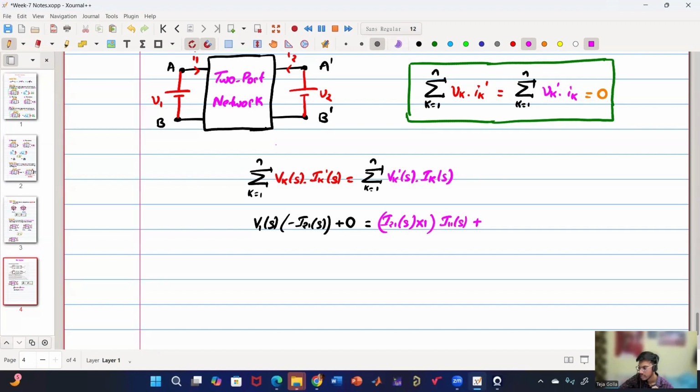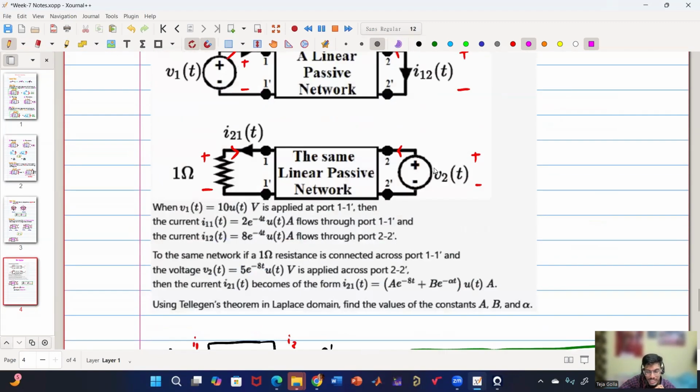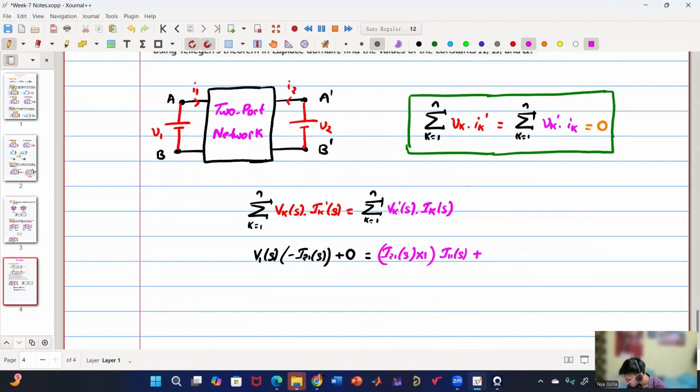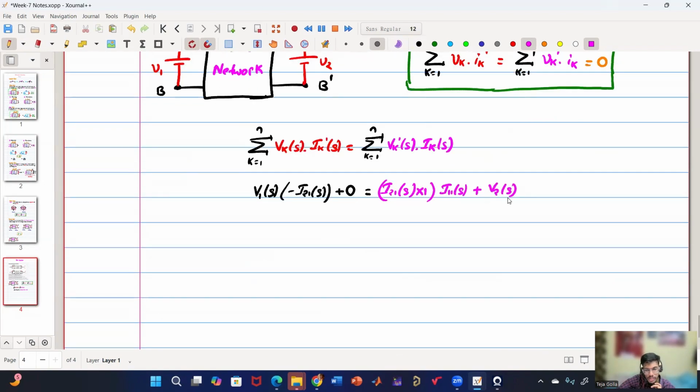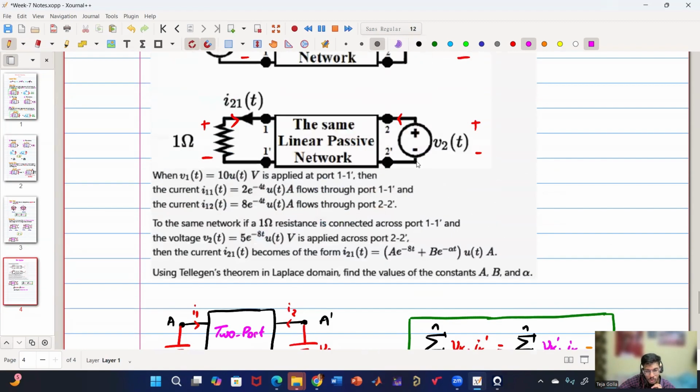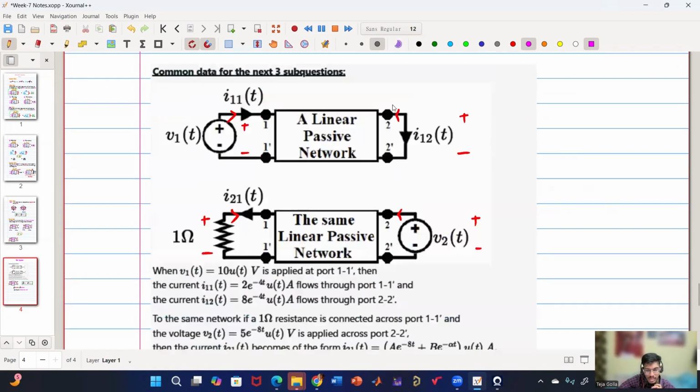Plus the other branch voltage. So the voltage here is V2. So V2 of S into minus I11 of S, no, sir. Why? Yes. So V2 of S into this current, right?